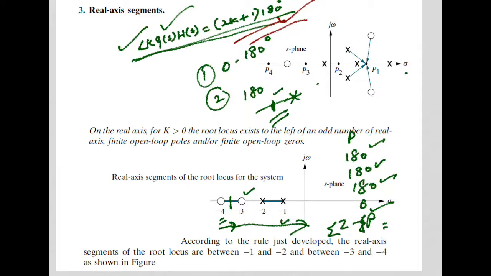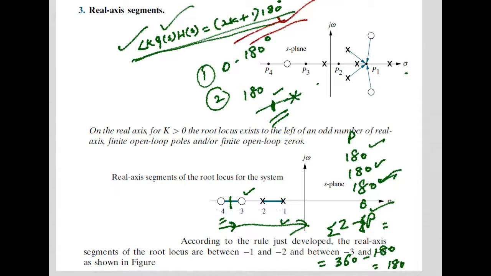Sum of zeros in this case, we have only the contribution of the zero, which is 180 degree, and the contribution of poles is 180 into 1 plus 180, which is 360. So finally we are getting 360 degree minus 180 degree, which is equal to 180 degree.